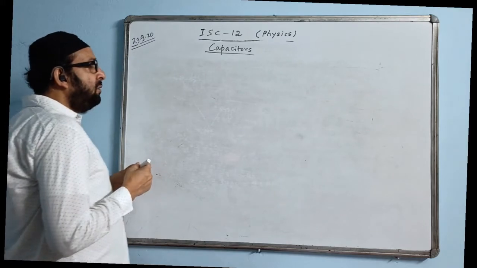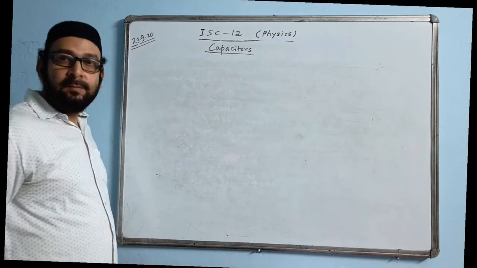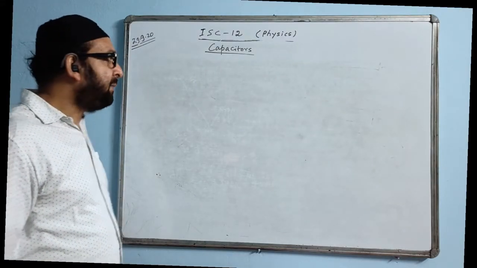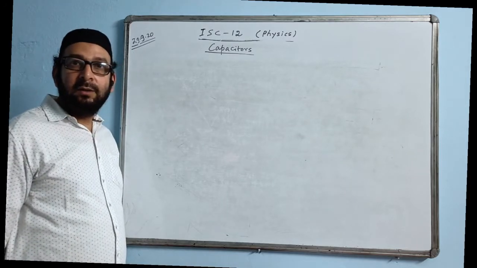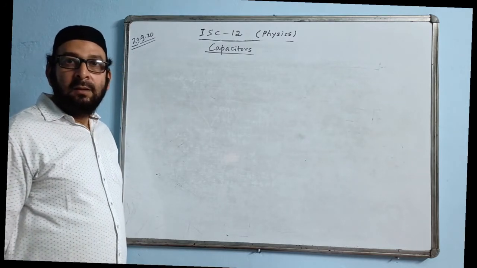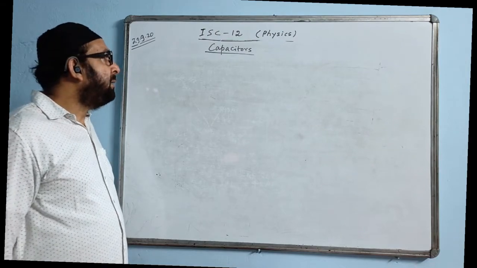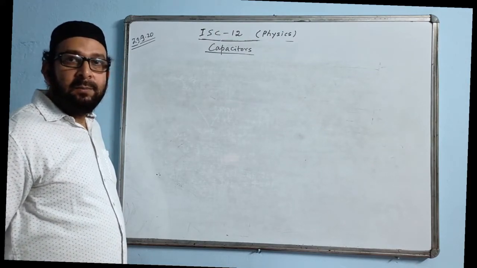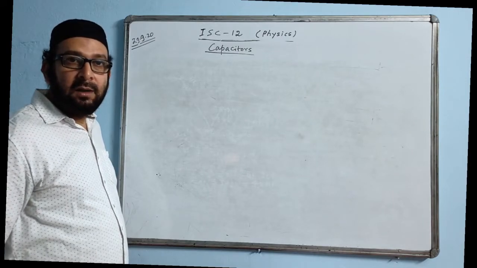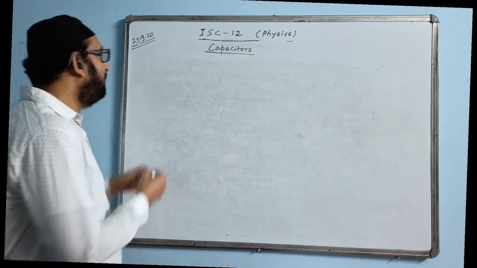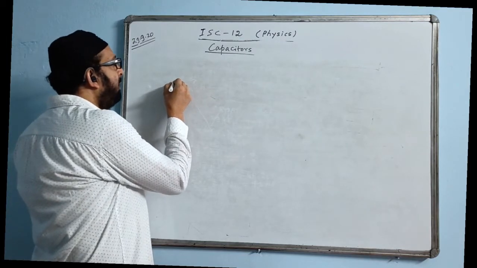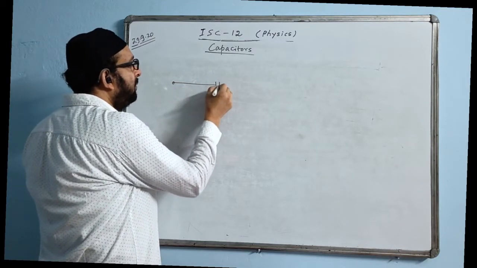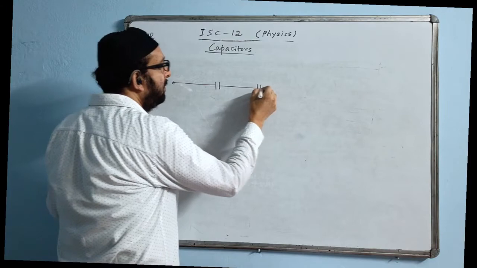Okay, now another question. Find the equivalent capacitance of the following network between the points A and B, and the figure is given here.